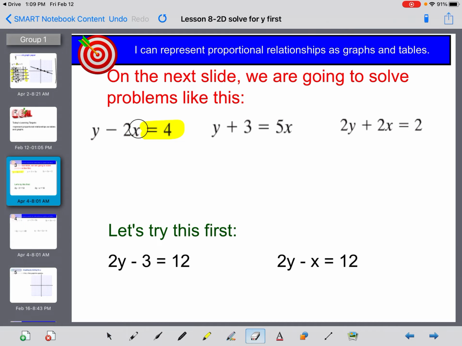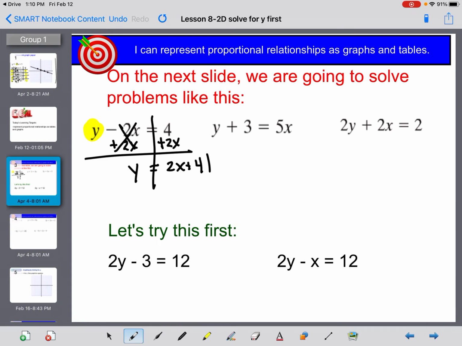I've got a -2x after it. So your job is to simply get the y value by itself. So how do we get y by itself? I see it's subtracting 2x, so I'm going to add 2x to both sides. Y equals 2x plus 4.